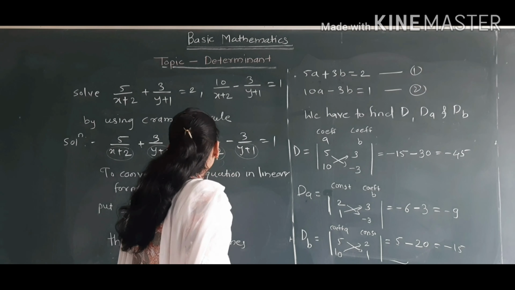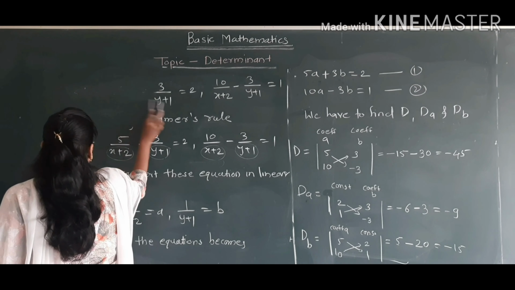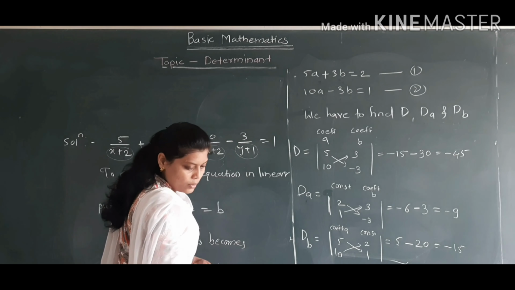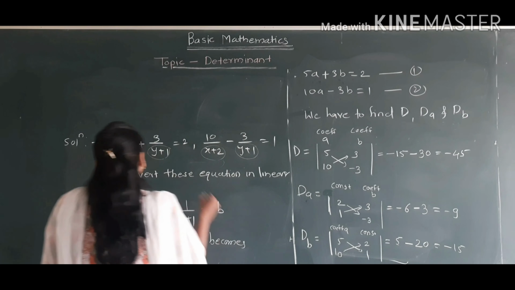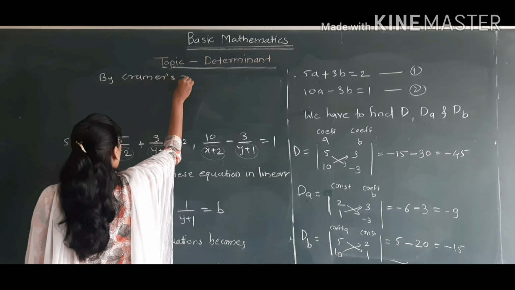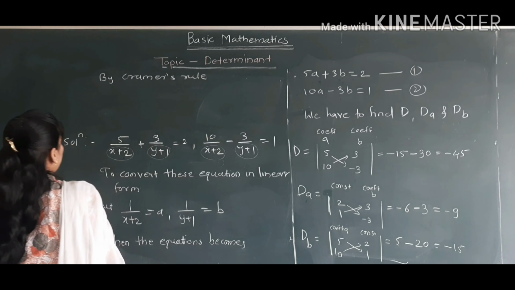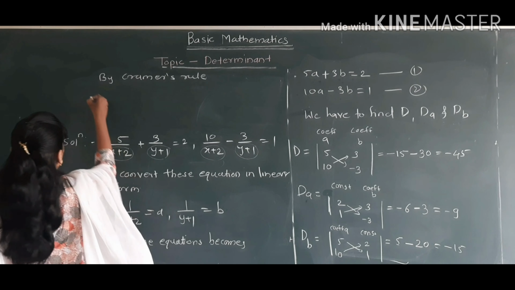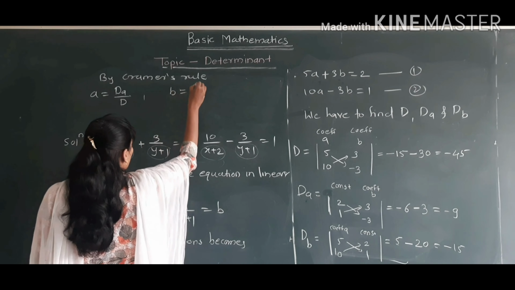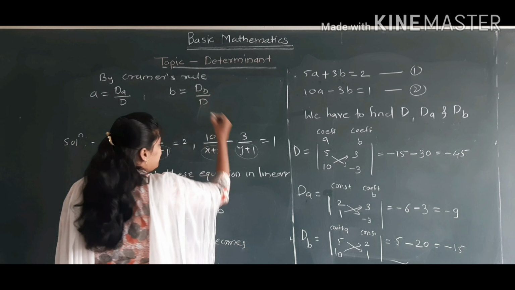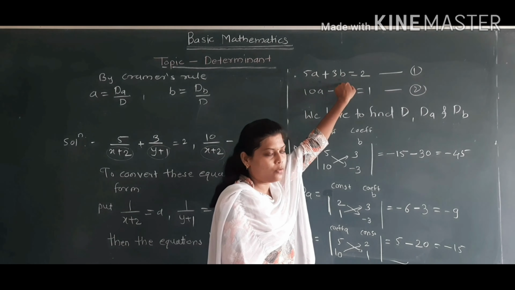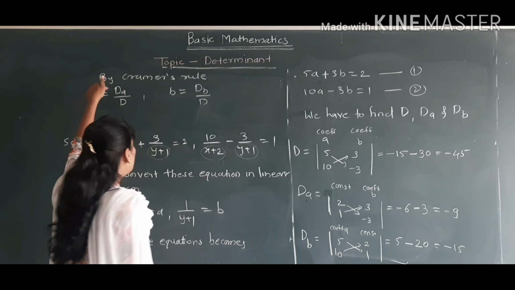Now by Cramer's rule, a is equal to dA upon D and b is equal to dB upon D, because in the equations we have the variables a and b. We found dA is minus 9, and D is minus 45.